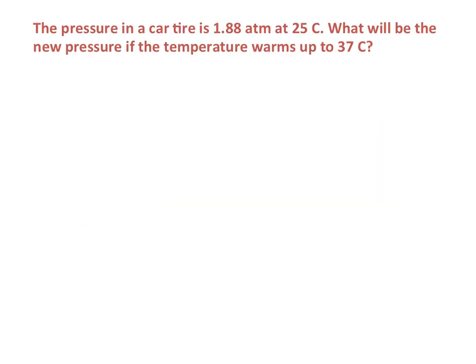Here is another calculation that we're going to take a look at. We've been told that we have a pressure in a car tire that is equal to 1.88 atm.